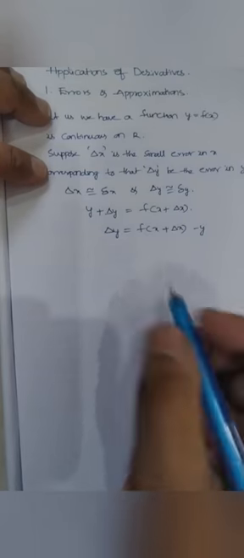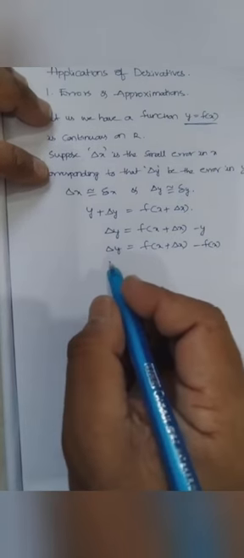So we get f of x plus delta x minus y. So delta y is equal to f of x plus delta x, and in place of y we can write f of x.